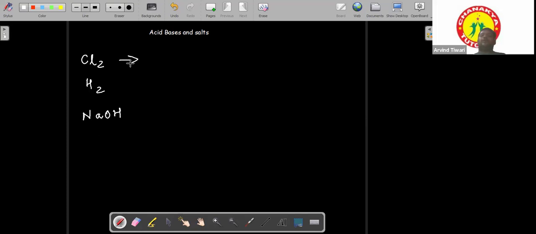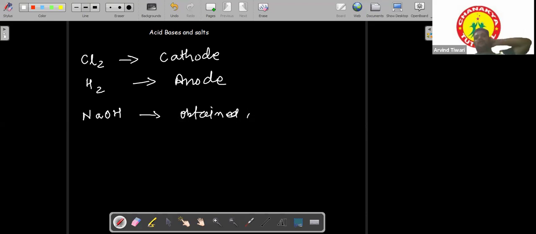Chlorine was obtained at the cathode, hydrogen was obtained at anode, and caustic soda was obtained in the solution. So these were the chemicals which we obtained by the chloralkali process. And this topic was some important chemicals from common source.